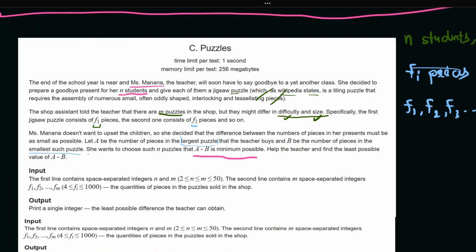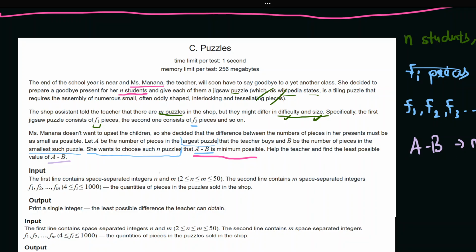And then she wants to choose n puzzles such that A minus B is as minimum as possible. Help the teacher find the least possible value of A minus B. So A minus B should be minimum.